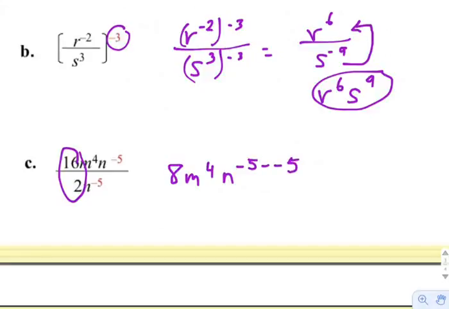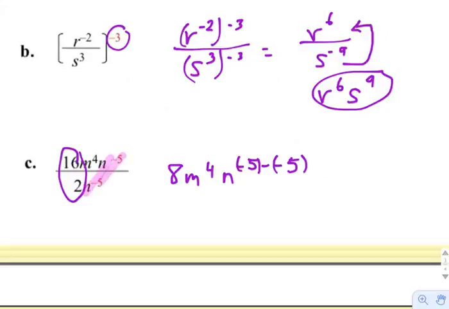Now, I'm subtracting negative 5 because I'm using the quotient rule that if there's a number raised to a power over that same number raised to a power, I subtract the power in the denominator from the power in the numerator. So a little better English here.